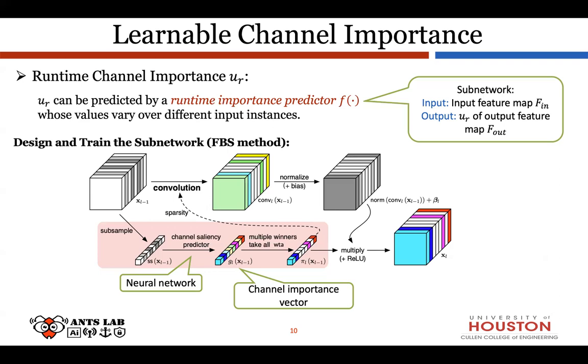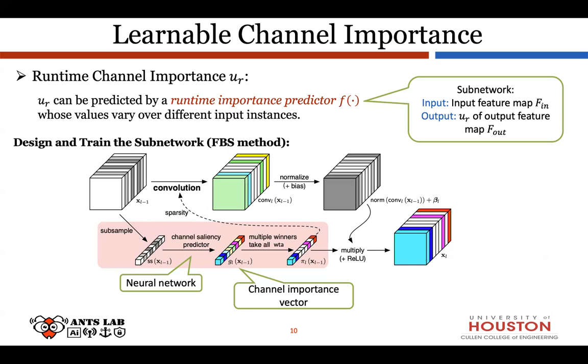I think it's sequentially. Yeah, looks like according to your explanation before, it's more like sequential. At first, I need to learn the importance predictor for the first layer. Then I use the output from the first layer as the input to the second layer.